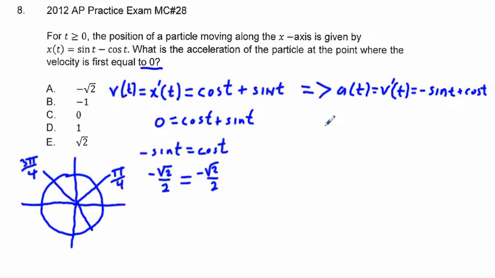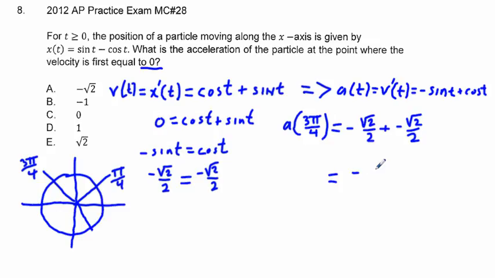So we want a of 3 pi over 4, which equals negative sine of 3 pi over 4, which is square root of 2 over 2, plus cosine t, which is negative square root of 2 over 2.